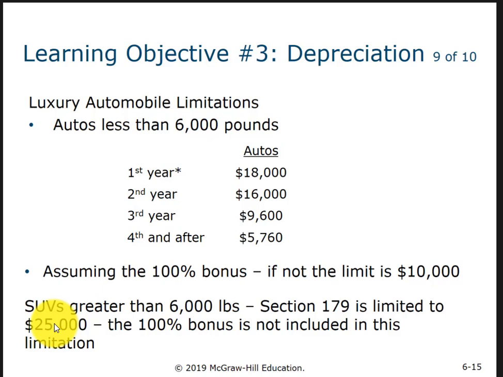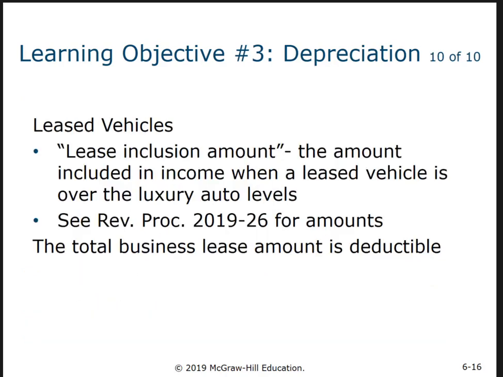So you can take 100% bonus depreciation on these large SUVs over 6,000 pounds for as much as you spend on them. So there's kind of a loophole for your big Suburban to buy and drive around. You can get that bonus depreciation all at once.